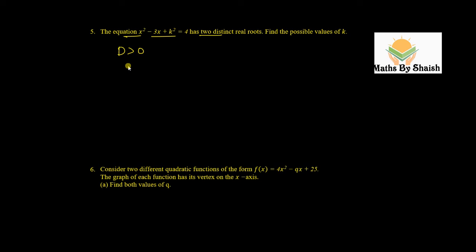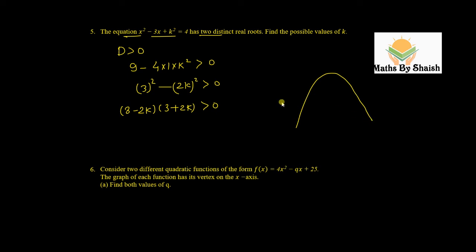We will get b square, that is 9, minus 4 times 1 times k square greater than 0, or I can write it as 3 whole square minus (2k) whole square greater than 0. We can use the a square minus b square formula, that is (3 minus 2k) into (3 plus 2k) greater than 0.